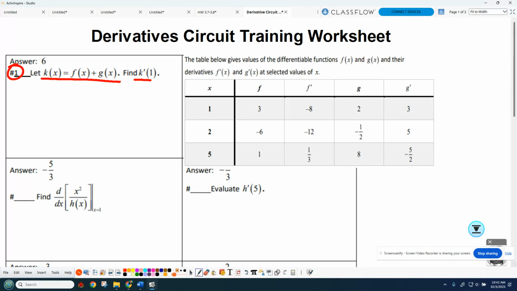So, in terms of X, Evelyn, what is K prime of X? Just in symbols. F prime of x plus G prime of x. Okay.